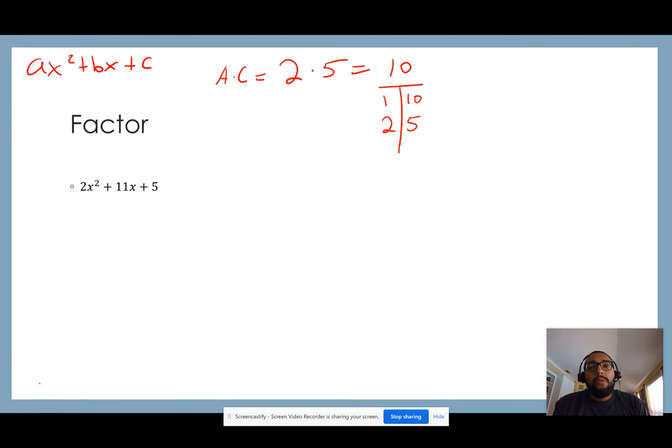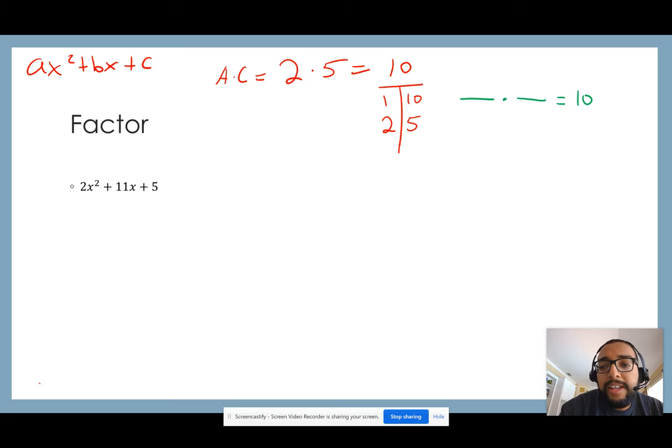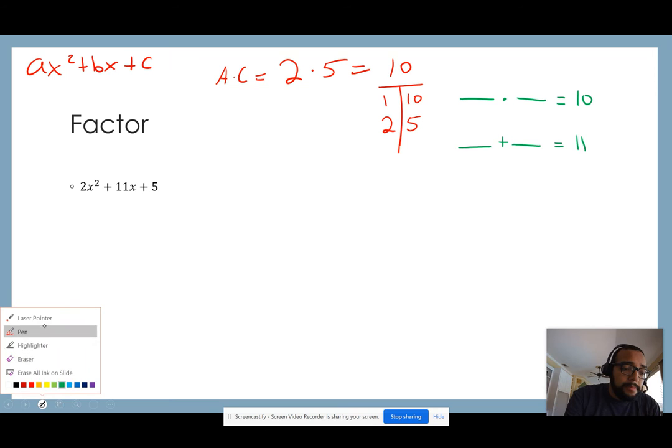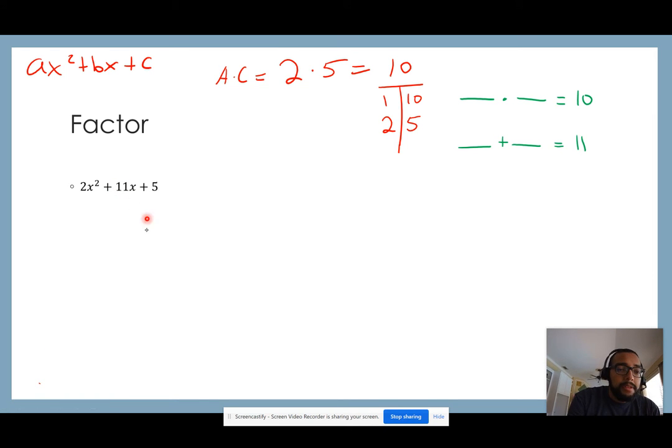Next part, we're going to find two numbers such that when you multiply them, you get 10, but when you add them, you get 11. So how to get 10? 10 is your A times your C term. And how to get 11? 11 is your B term. So in this case, my B term is going to be 11, and my A times C was just 10.